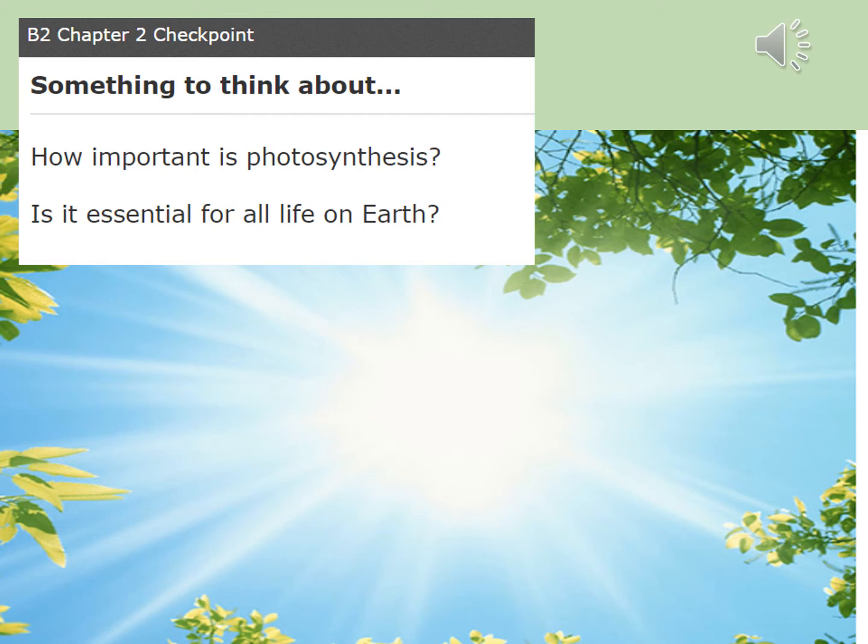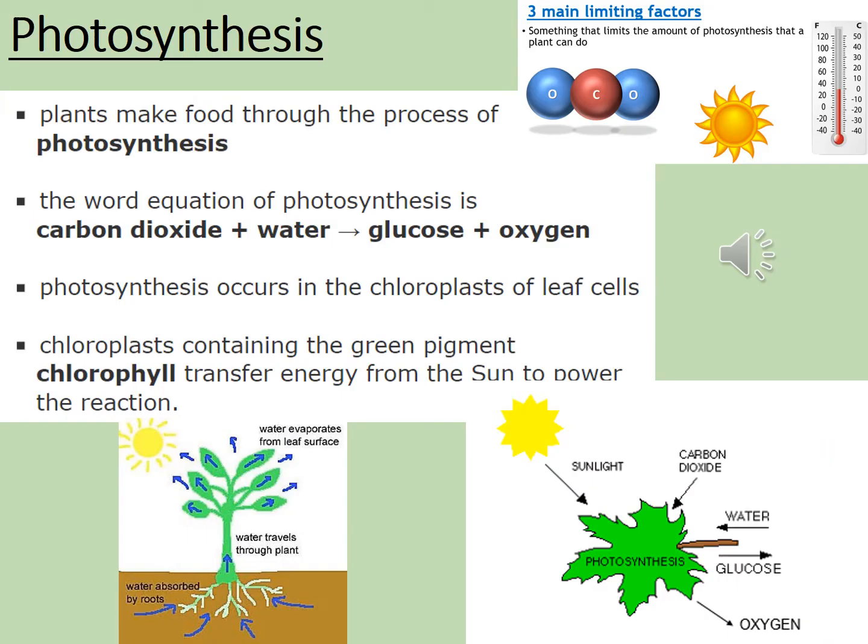So something to think about when we talk about photosynthesis, we need to understand how important it is, and is it essential for all life on Earth? So what do we need to know about photosynthesis? It's the process by which plants make their food. The word equation you will need to know is carbon dioxide and water, and it produces glucose and oxygen.